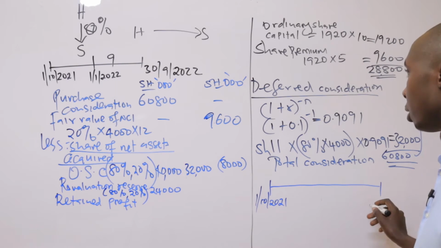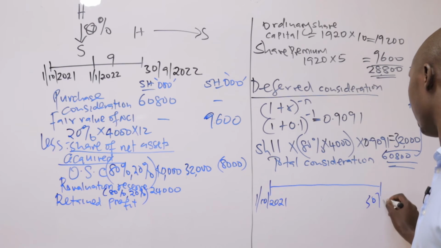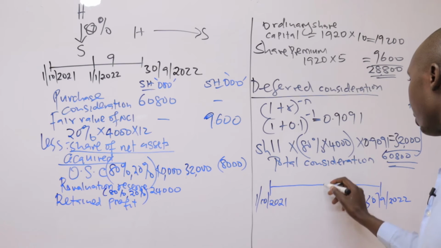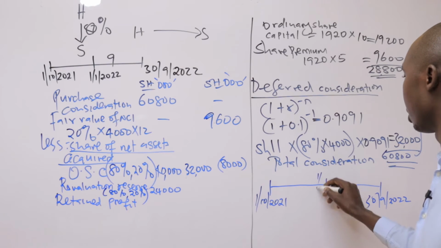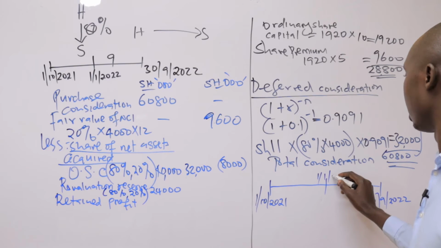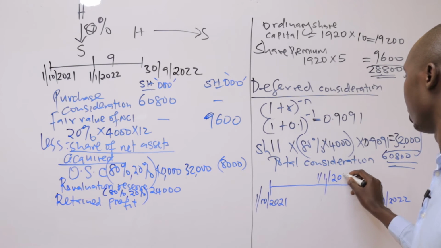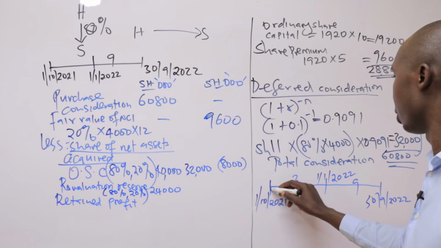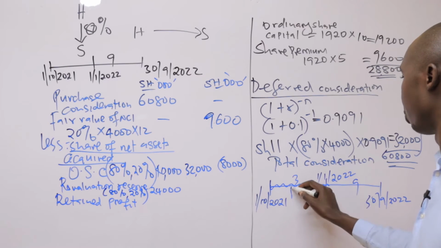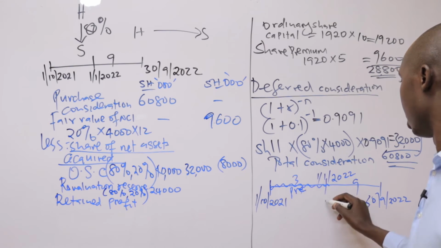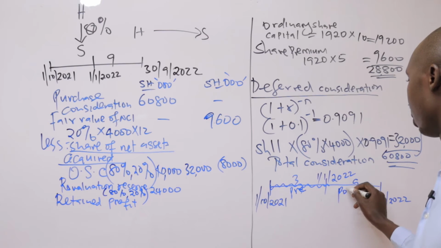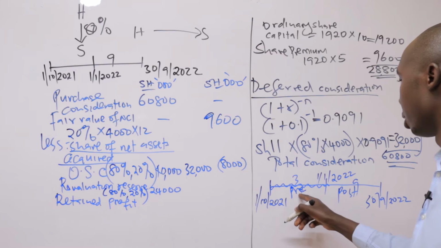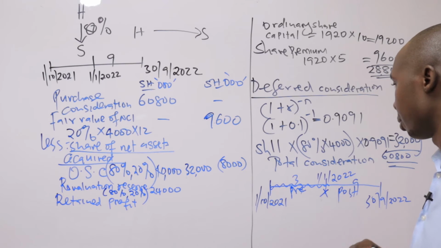It ends on 30th September 2022. The subsidiary was acquired in January 2022. So 3 months pre-acquisition, 9 months post. So I need this period here, the pre-acquisition period. That is as at acquisition.